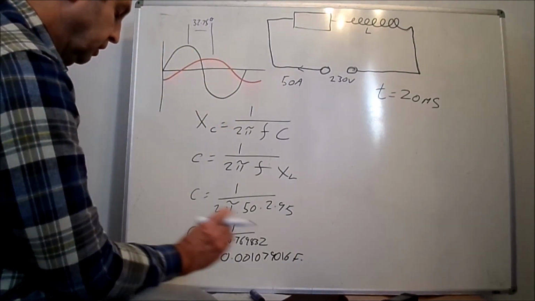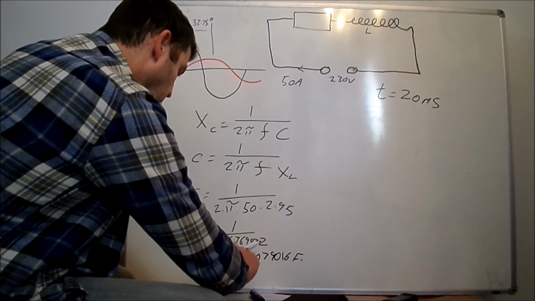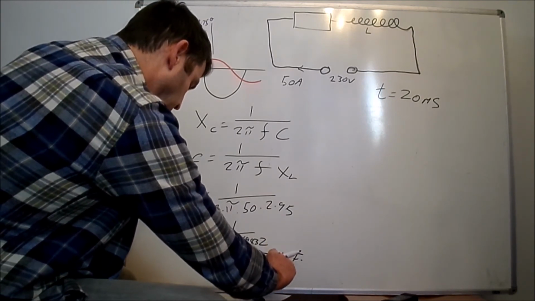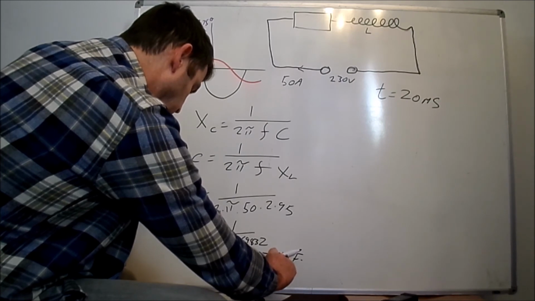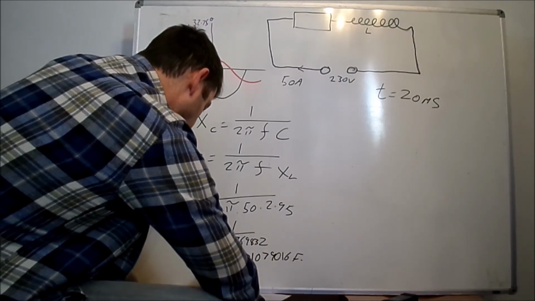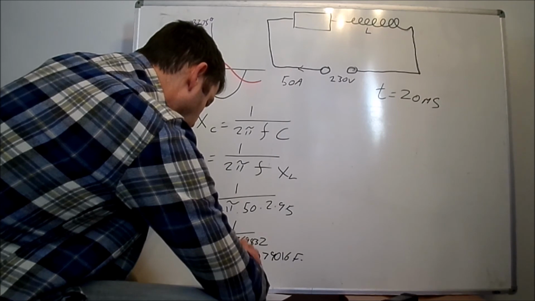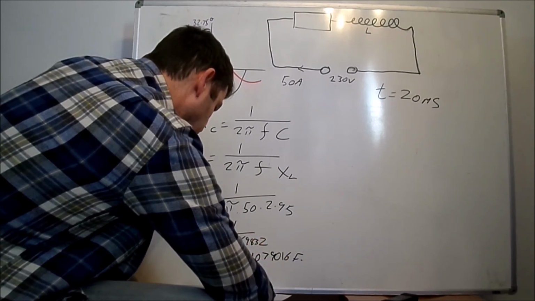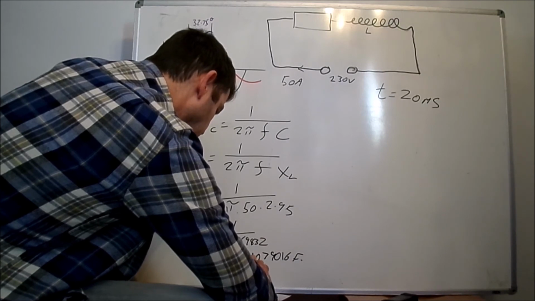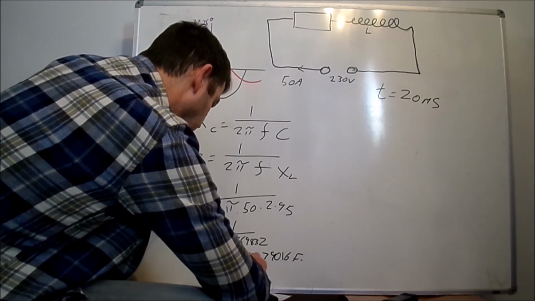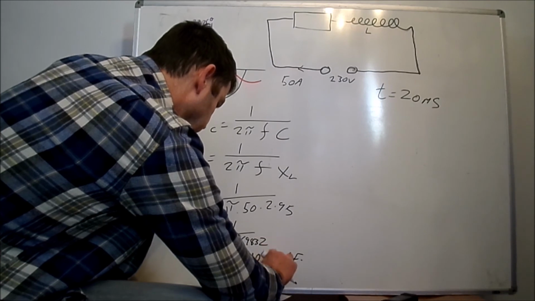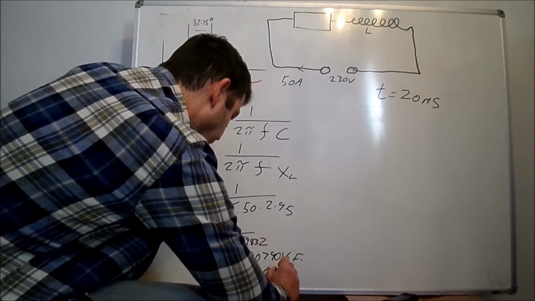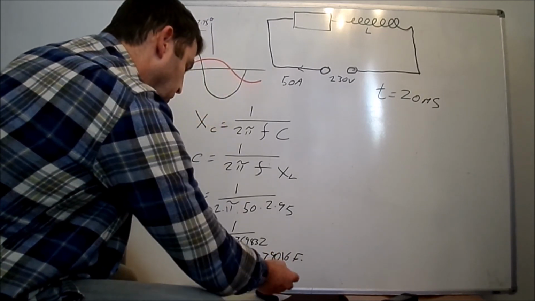But that's kind of a crazy number, so we can move the decimal point 1, 2, 3, 4, 5, 6. Just make sure we got this right. 1, 2, 3, 4, 5, 6. Yeah, that's going to be the value of capacitor.